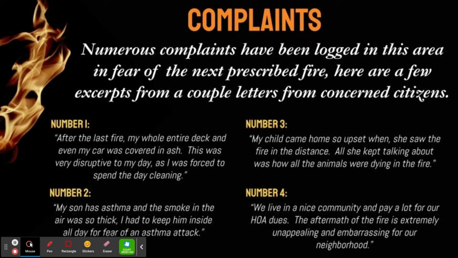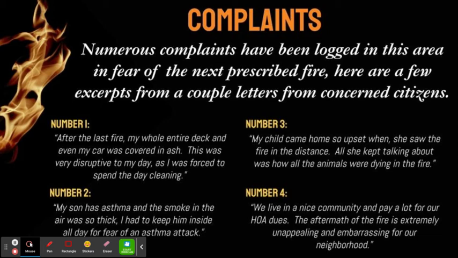This is very realistic as to what really happens. The second one is asthma. The scenario has a son that has asthma, and the smoke is so thick in the air that they have to keep this child inside all day, which could mean that they're missing school.